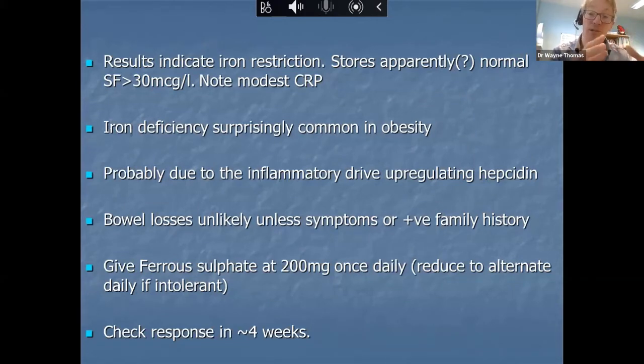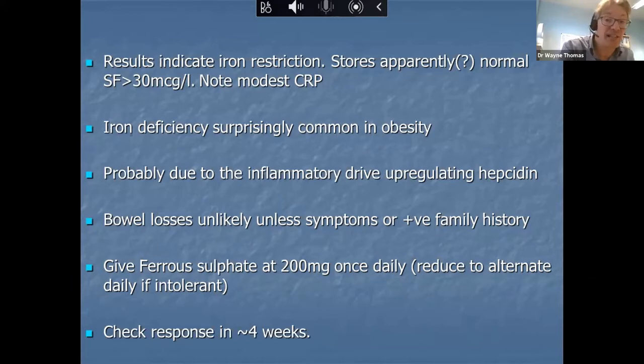So what we do know is that actually, surprisingly, if you look at blood counts in obese people, you'll find that iron restriction is surprisingly not that uncommon. And it's possibly because of this sort of pro-inflammatory state that obesity creates, where you do get an upregulation of hepcidin.